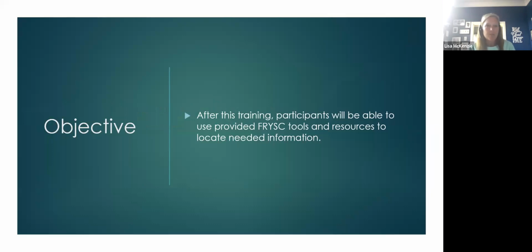You're not going to be an expert in all things Advisory Council by the end of this session. However, you will know where and how to access the information to get the answers to your questions and gain knowledge to develop your council.